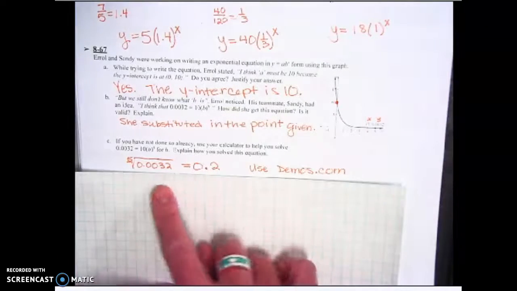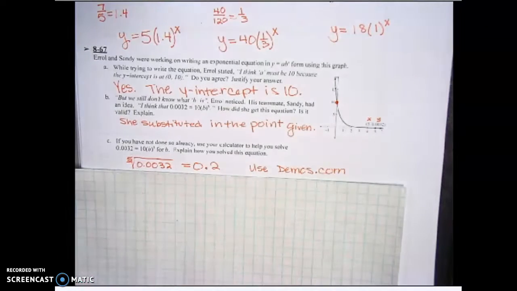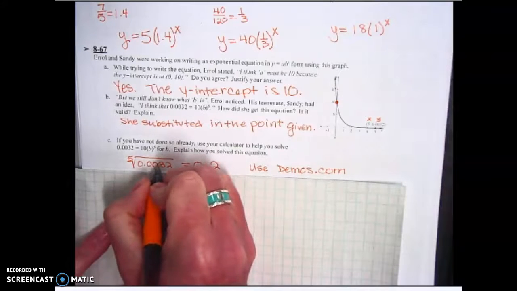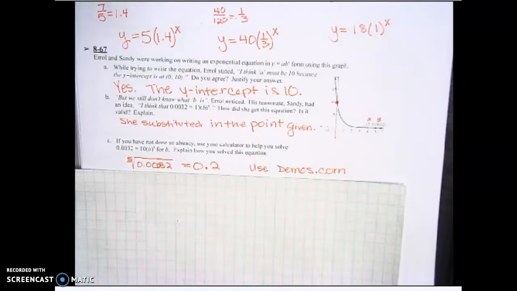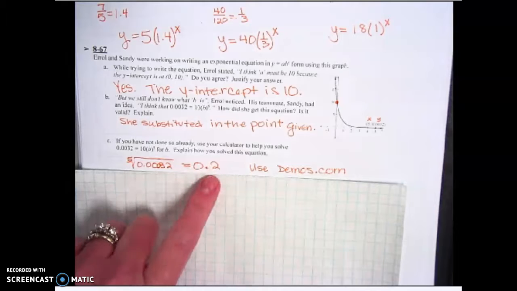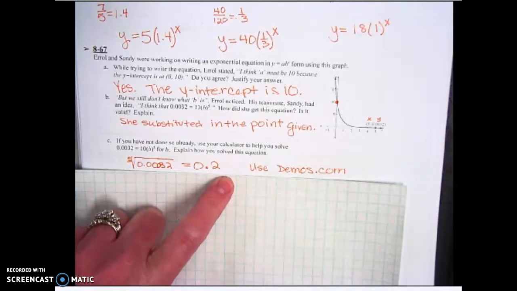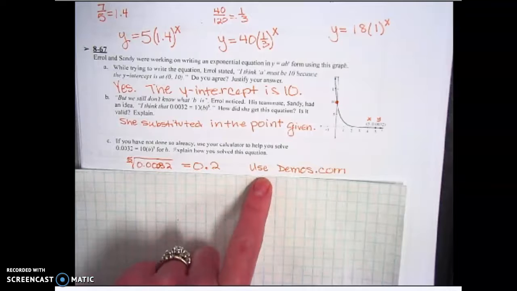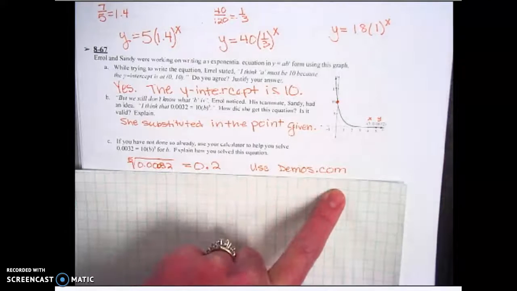So on your calculator, you would take the 5th root of that decimal 0.000, oh, I missed a 0 in there. Got to squeeze one more in. 3 zeros. And then it will give you 0.2. If you do not have your own calculator, you should practice doing this in Desmos.com.